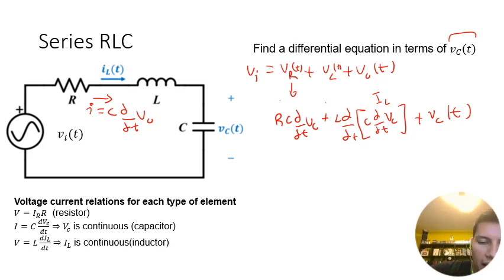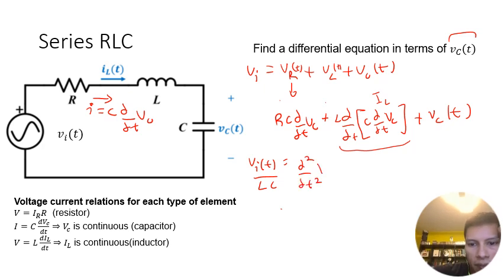So now we have Vin of t equals RC d/dt Vc plus LC d²/dt² Vc plus Vc. Let me write this in a cleaner fashion. I'm going to divide everything by LC, so the LC cancels in the second order term and I have d²/dt² Vc of t.